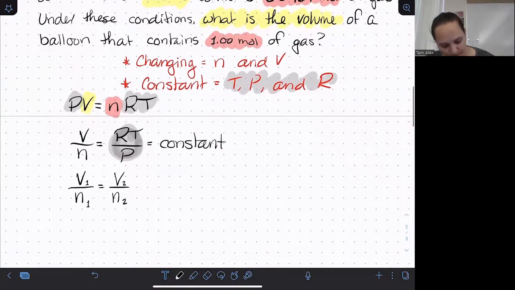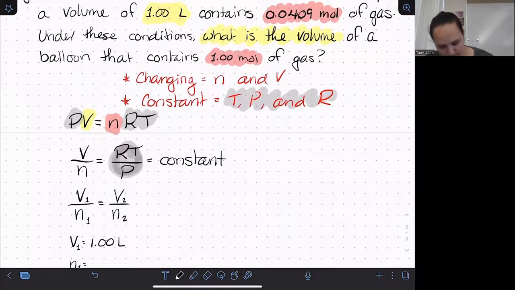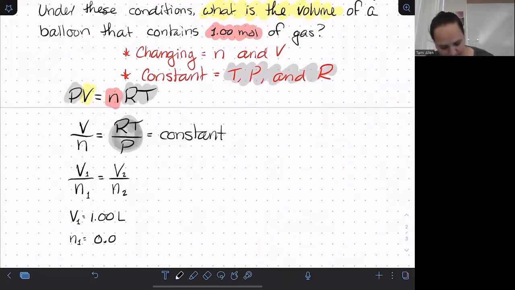So we know that the volume of this balloon is 1 liter when there are 0.0409 moles of gas in that balloon.